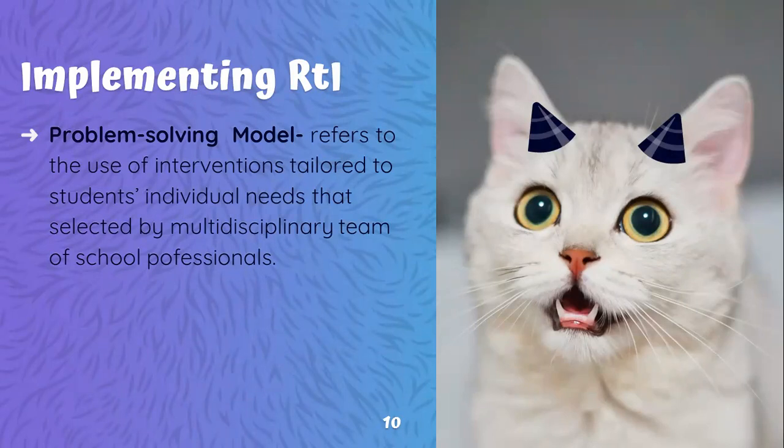Problem solving refers to the use of intervention tailored to students' individual needs that's selected by a multidisciplinary team of school professionals. So here the problem solving model refers to the usage of intervention wherein students are specifically selected by the multidisciplinary team of school professionals for whom they give special attention, a single student.